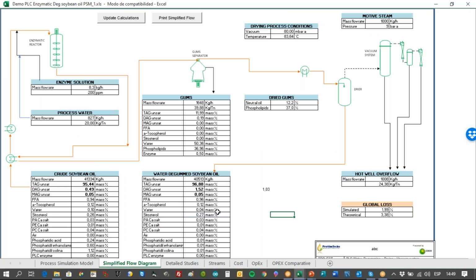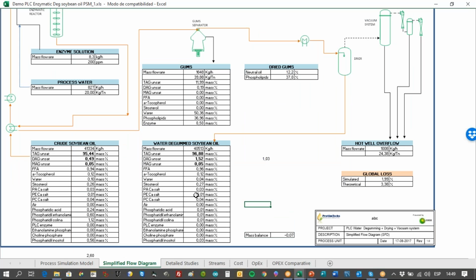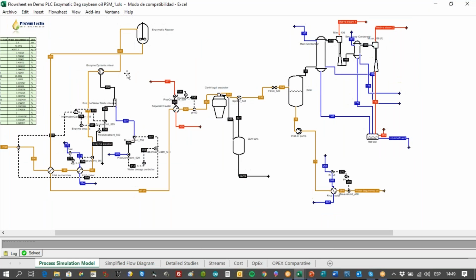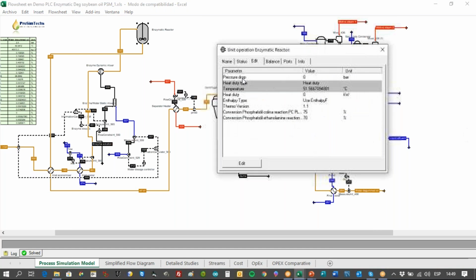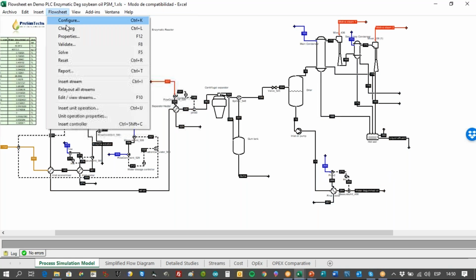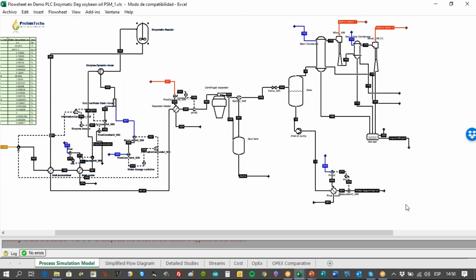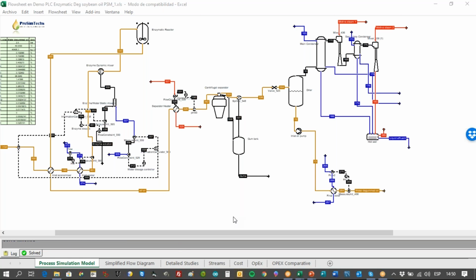What happened here? It didn't change that much, I would say. Let me check again. Let us reduce a bit more.